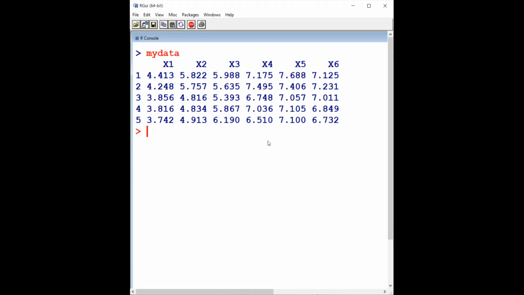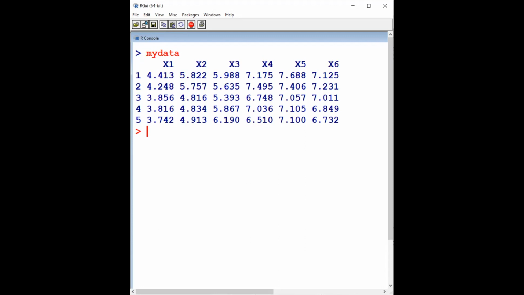That is the first thing that you have to do. I'm going to put all these observations into one column and their respective treatments, coded as item 1, 2, 3, 4, 5, and 6, into another column.